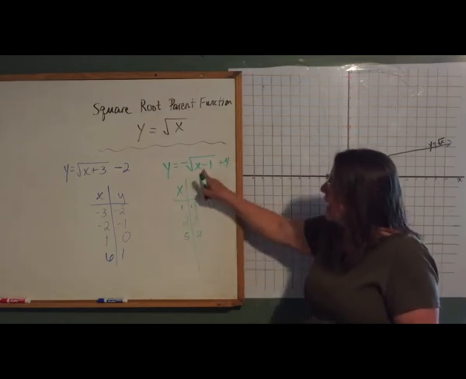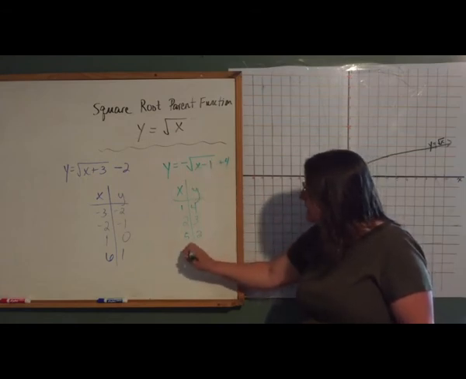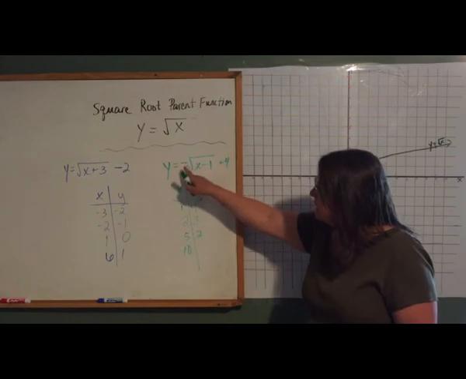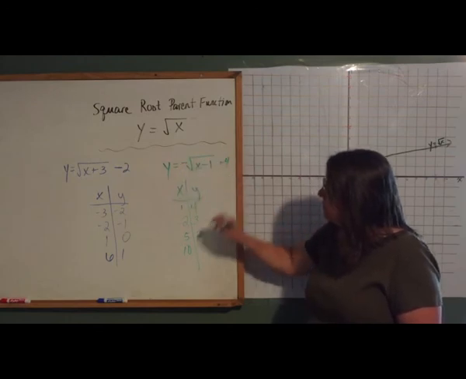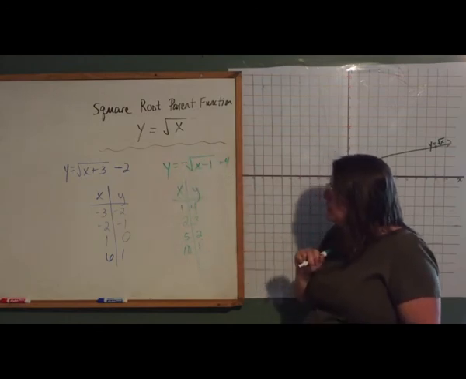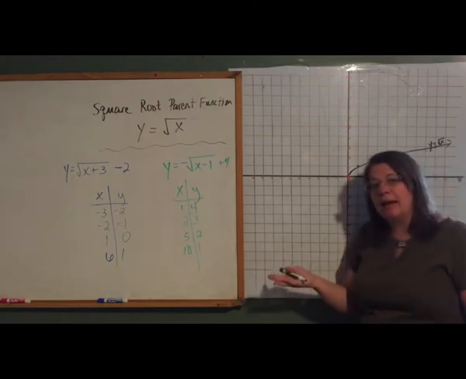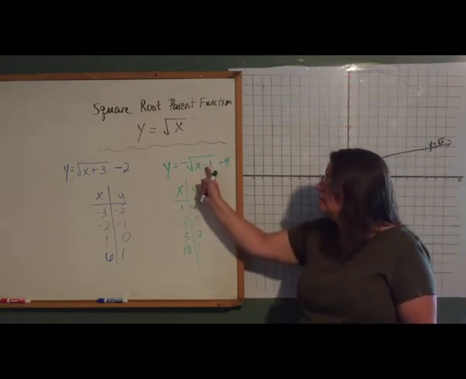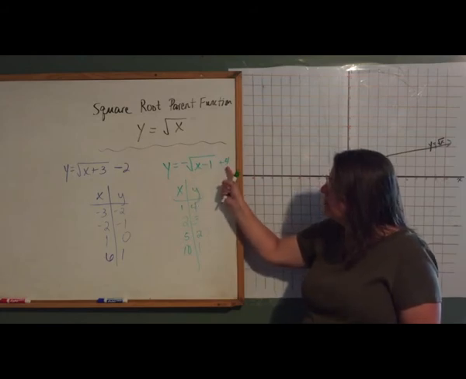And then 9 would be the next one. What number can I plug in to get 9 inside? Well, that would be a 10. 10 minus 1 is 9. Square root of 9 is 3. Times negative 1 is negative 3. Plus 4 is 1. Now, let's predict what we think might happen. On the inside, we have a minus. And on the outside, we have a plus.